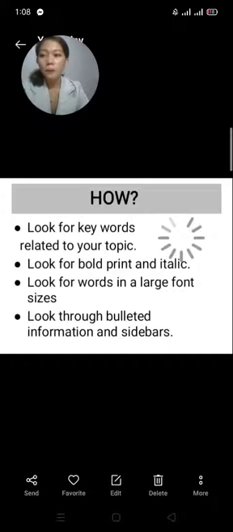If you look for bold, large font size and italic words, it means it emphasizes something that is important to know, something that the readers must read because it contains specific information or ideas, right? So that's the scanning.